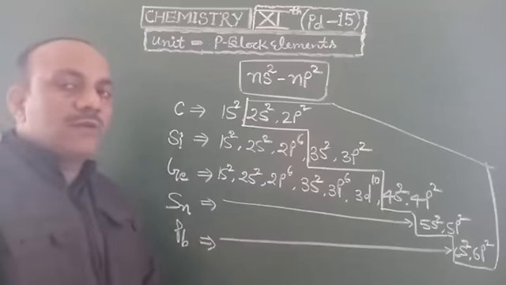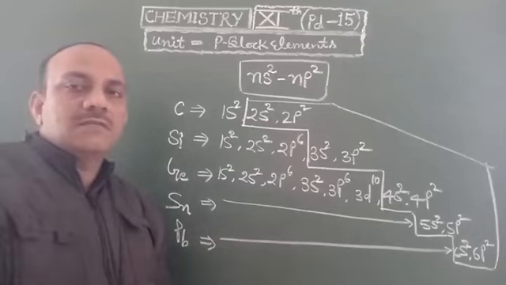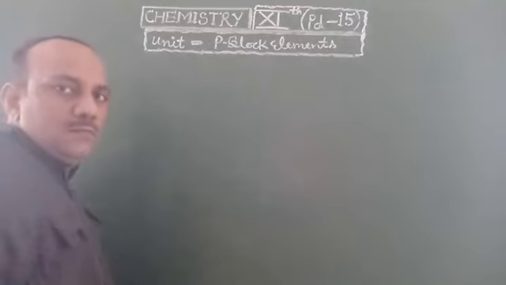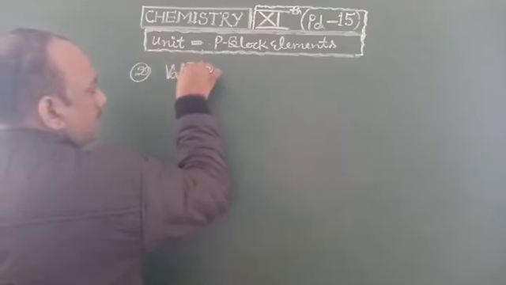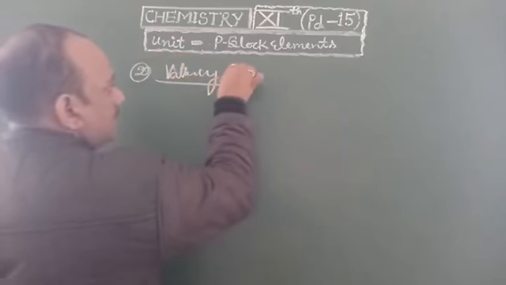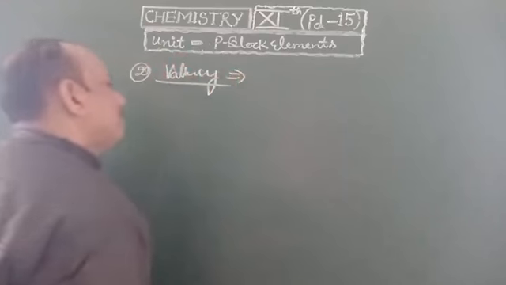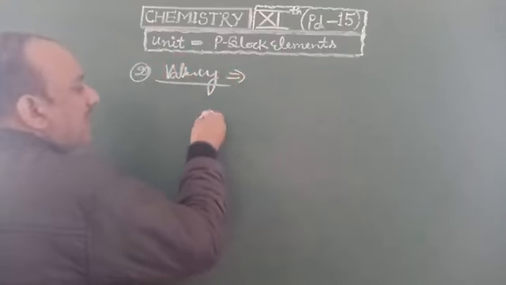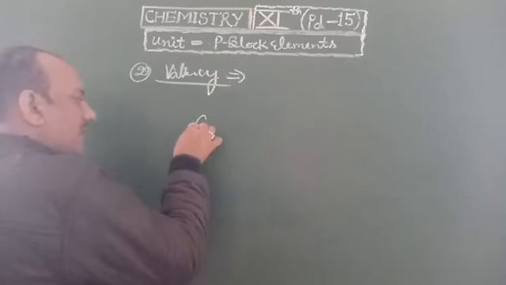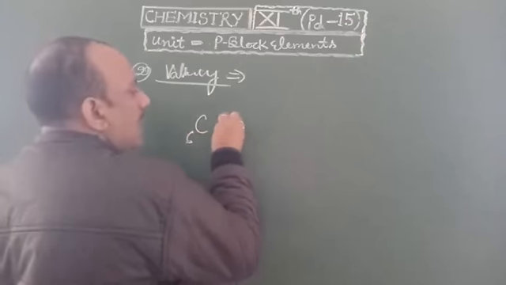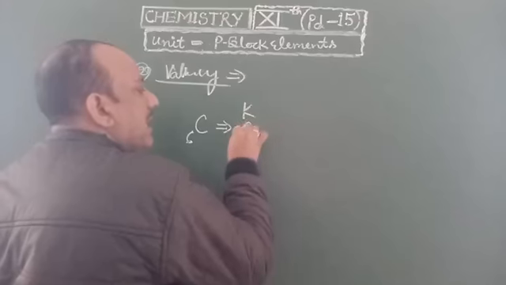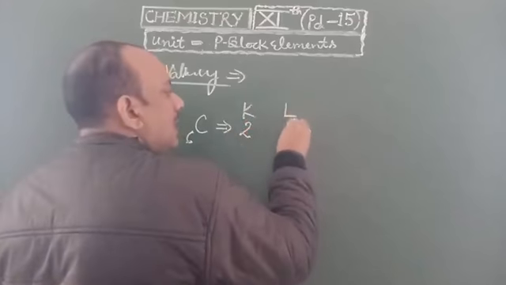Now we discuss the valency of fourth A group elements. You know that the last orbital of an element is known as the valency orbital. For example, carbon 6: we configure it with 2 electrons in the K orbital and 4 electrons in the L orbital.